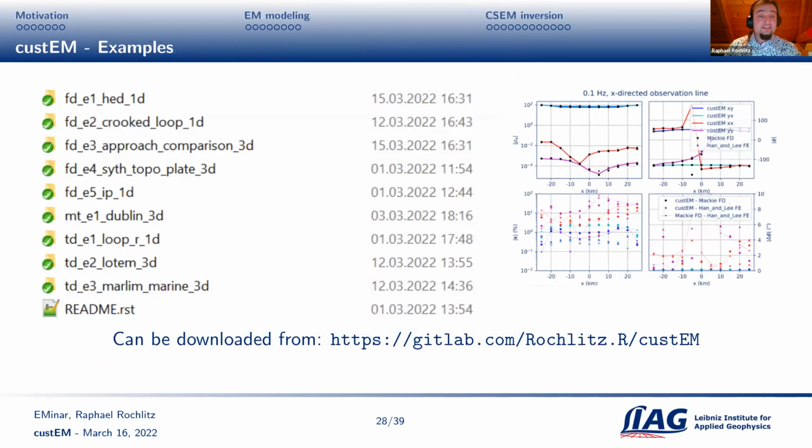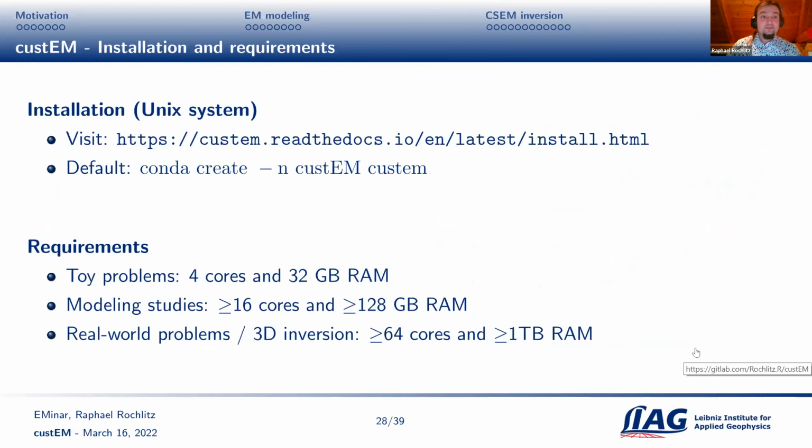You can also access different examples for forward modeling. Most examples are for frequency domain EM. There's one MT example and three time domain examples. There could be more, but it also costs some time to maintain and provide these examples. So if someone is interested, we can probably add even more examples with further comparisons. These examples can also be accessed from the GitLab page.